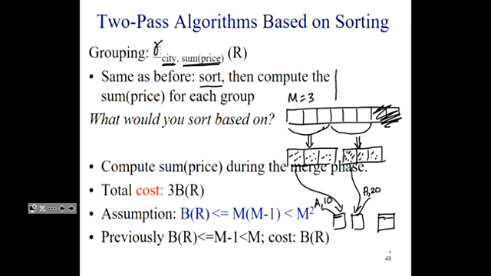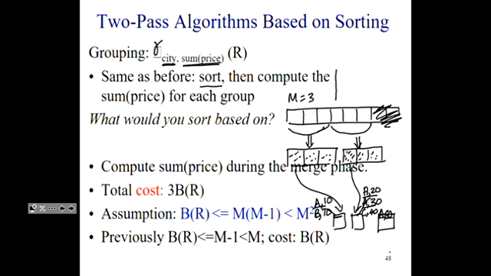Maybe the next tuple here is city B, price 10. The next tuple here is city A, price 30, and then maybe C, 40. As I'm reading A10, A20, and A30, I can update the sum of price in my output buffer from 10 to 30 to 60. That's the total sum of the prices I've seen so far.